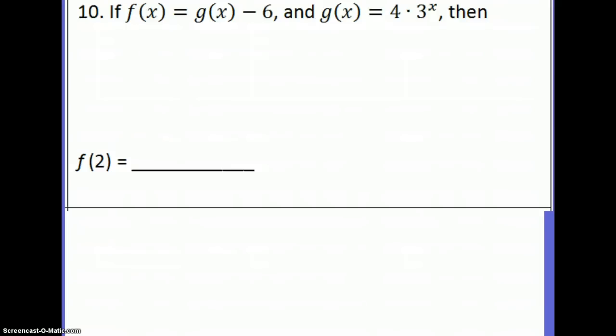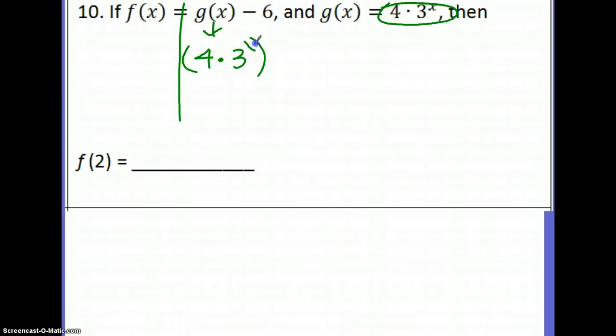If f(x) = g(x) minus 6 and g(x) is 4 times 3 to the x, we're going to substitute again just like the last one. So we're plugging this in for g. 4 times 3 to the x, bring down the minus 6, and bring down f(x).